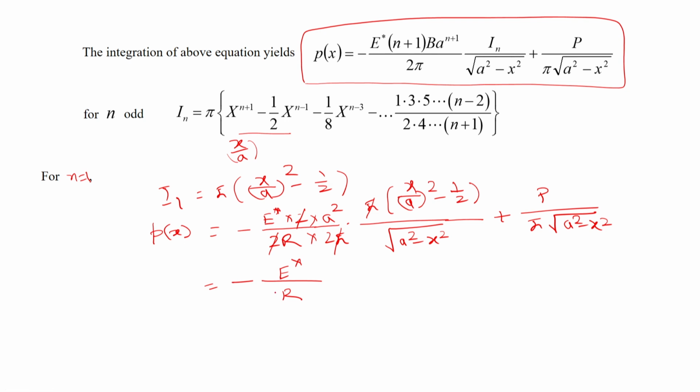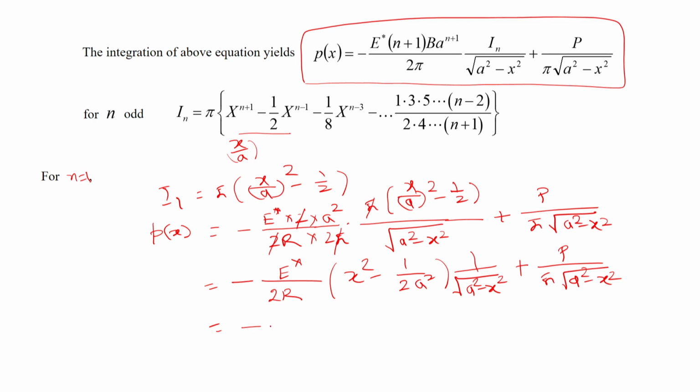So, let us have this 2 here, and this a square goes inside. So, it is x square minus 1 by 2 a square, and this is 1 by square root of a square minus x square, plus this is p by pi into square root of a square minus x square. So, a little more compact form.